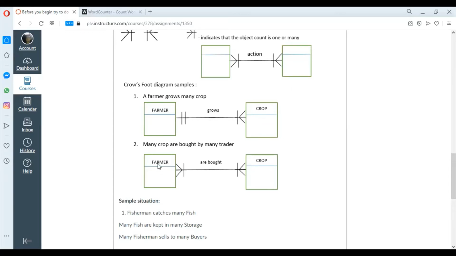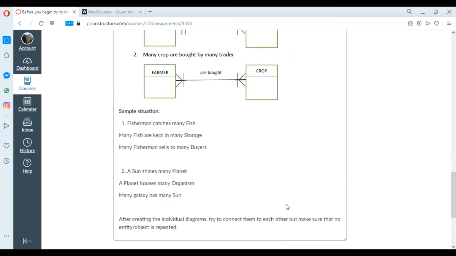So we have here one, so this actually should be farmer. So one or many crop, okay, it's this typographical error. I will correct this later on. One or many crop are bought by one or many, this should be trader.